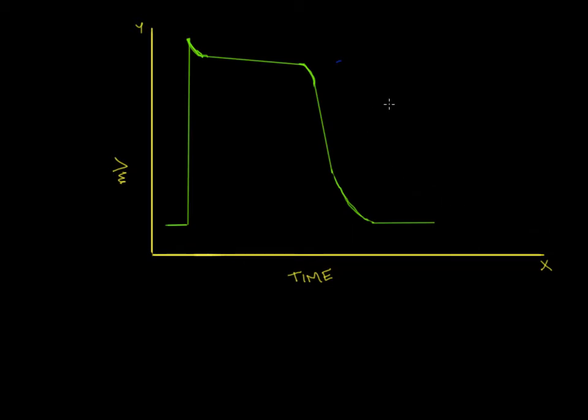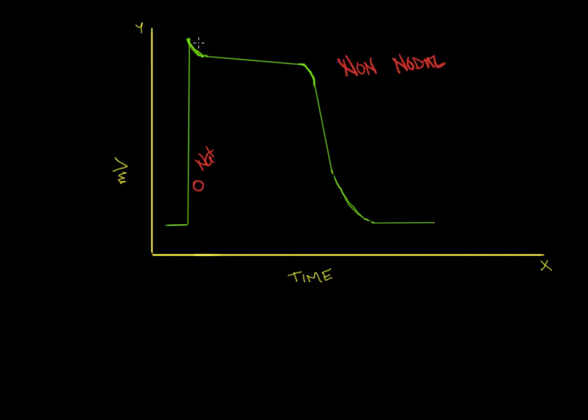The other action potential we have is non-nodal. And this would be cardiac myocytes and the Purkinje fibers. So we start out here at phase 0, which is the opening of sodium channels.